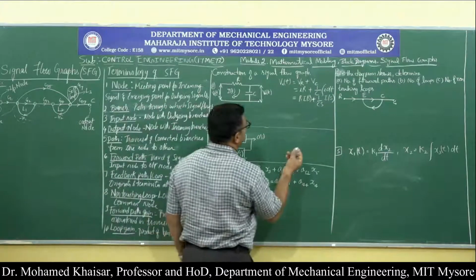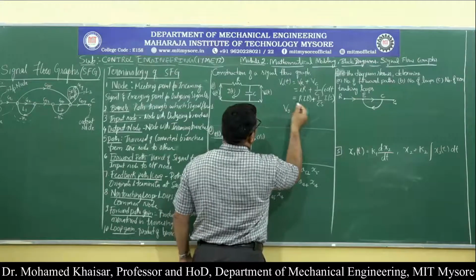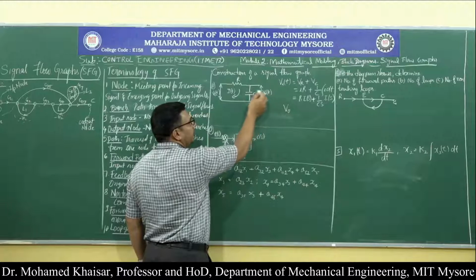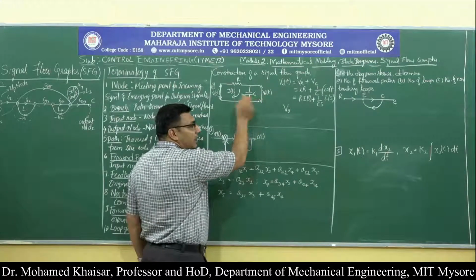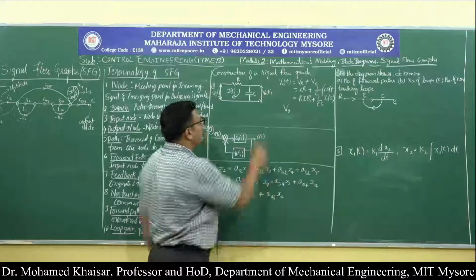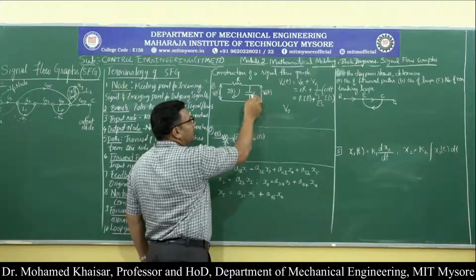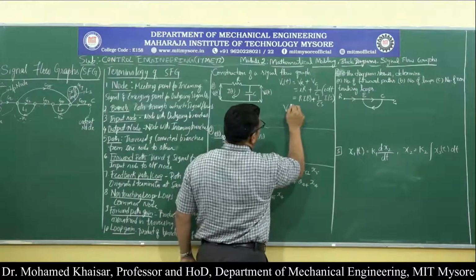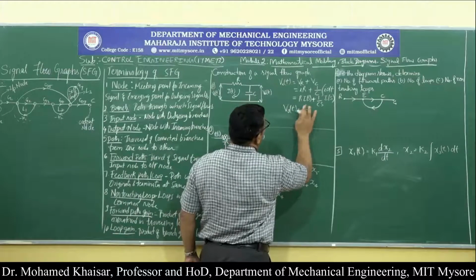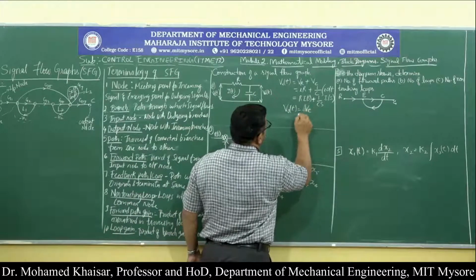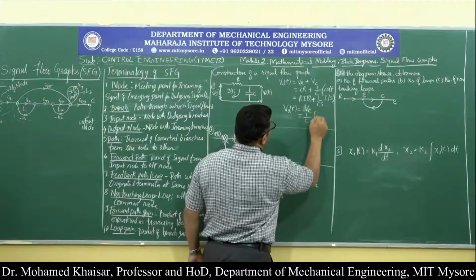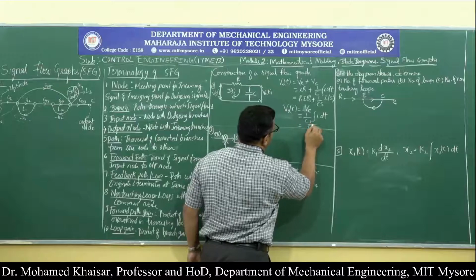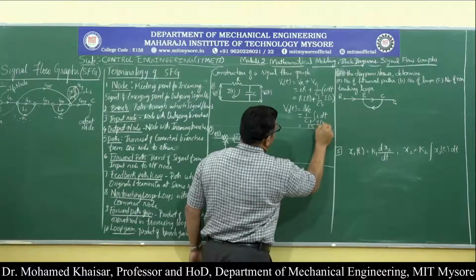Then, the voltage across the output will always be equal to the voltage across the last element of the electrical circuit. That is, the output voltage will be equal to the voltage across the capacitance of this circuit. So V0(t) is equal to Vc, and that is given by 1 by C integral of i dt. If you apply Laplace transformation, it will be 1 by Cs I(s).